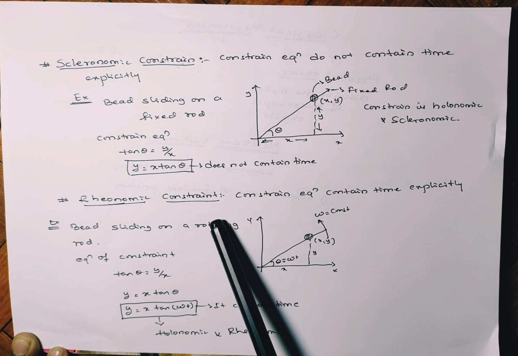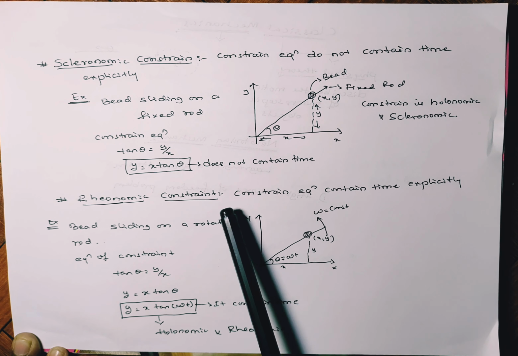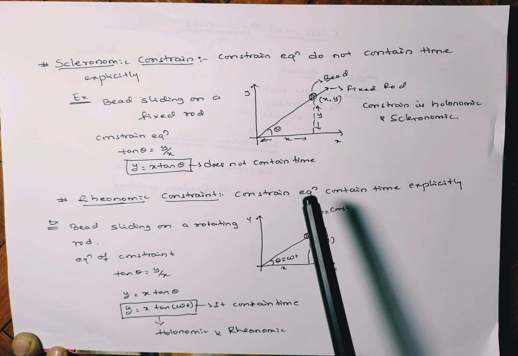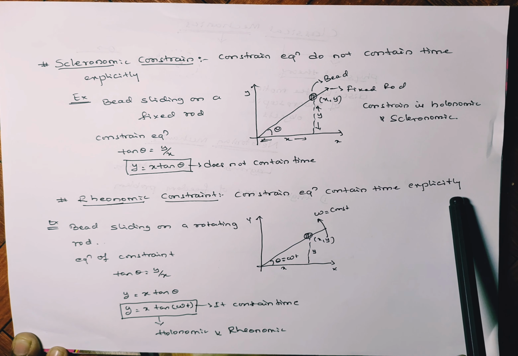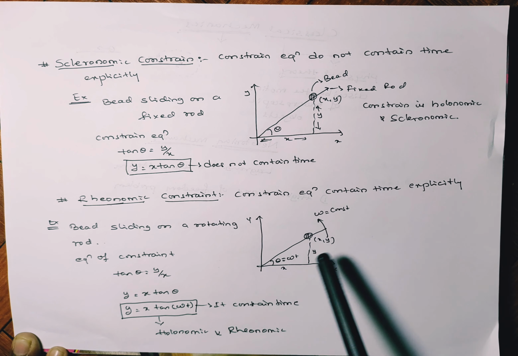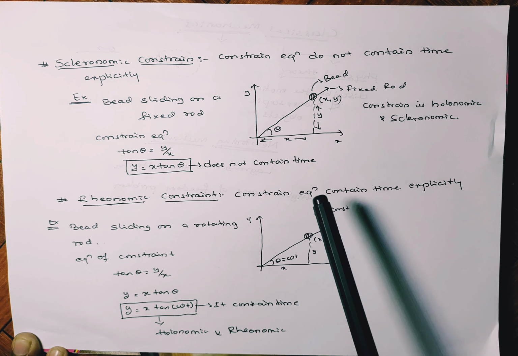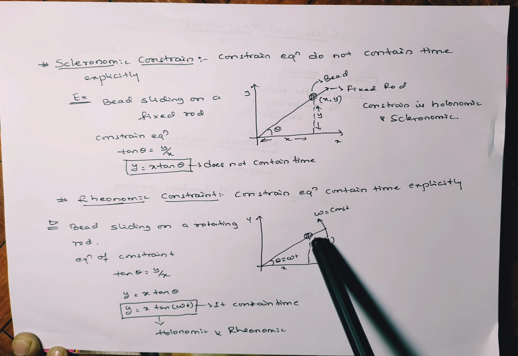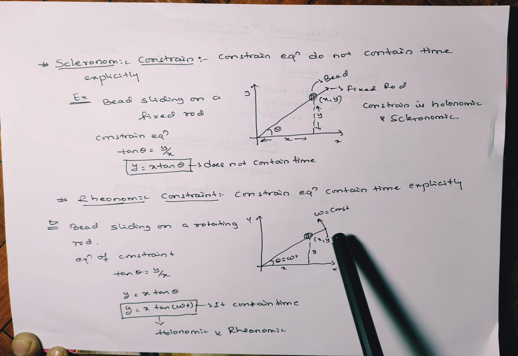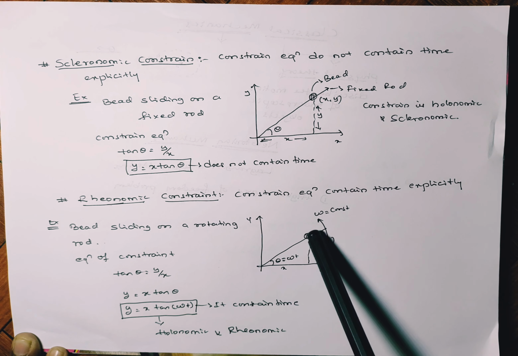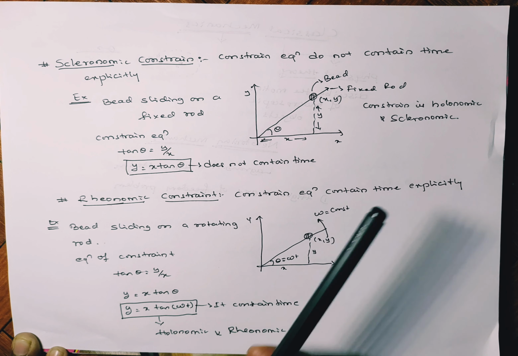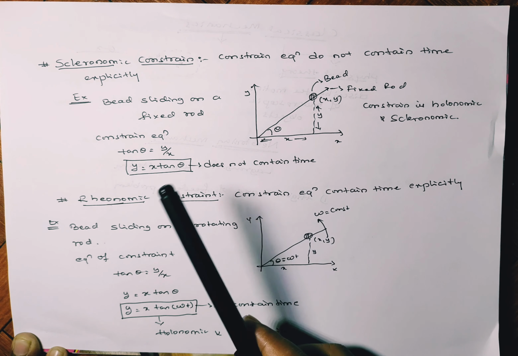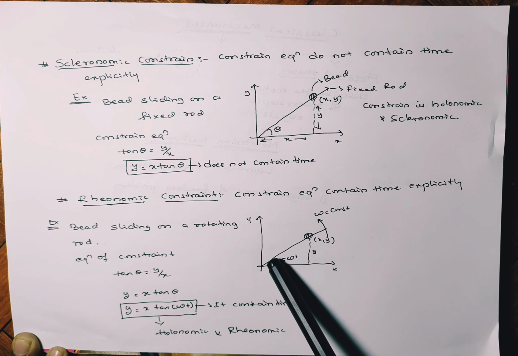And again, the rheonomic constraint. What is the rheonomic constraint? The constraint equation contains time explicitly, right? So again I am going to take the same example, but with a slight change. Here the bead is sliding over this rod, and simultaneously this rod is rotating in this way, means there is an angular displacement theta, right?